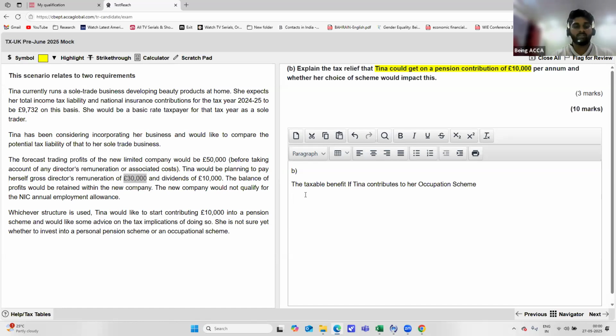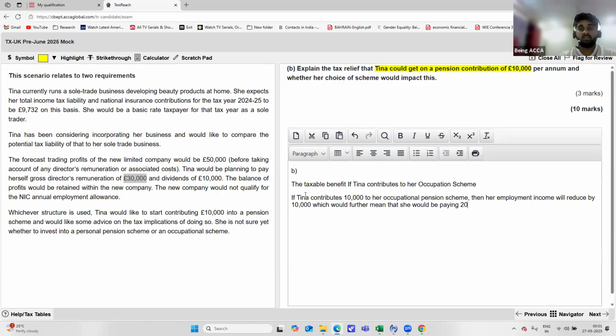We should write it like, if Tina contributes 10,000 to her occupational pension scheme, then her employment income will reduce by 10,000, which would further mean that she would be paying 20% less tax on the contribution made.